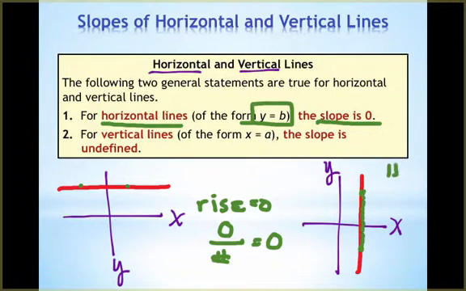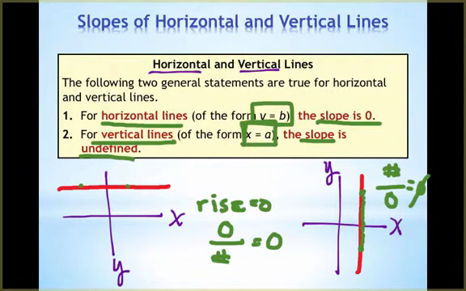So you're going to get a number divided by 0. But we know that when you divide by 0, that's undefined, which we can mark with a 0 with a slash through it. So vertical lines are always going to have slopes that are undefined, and the equation of a vertical line will always be x equals a number.